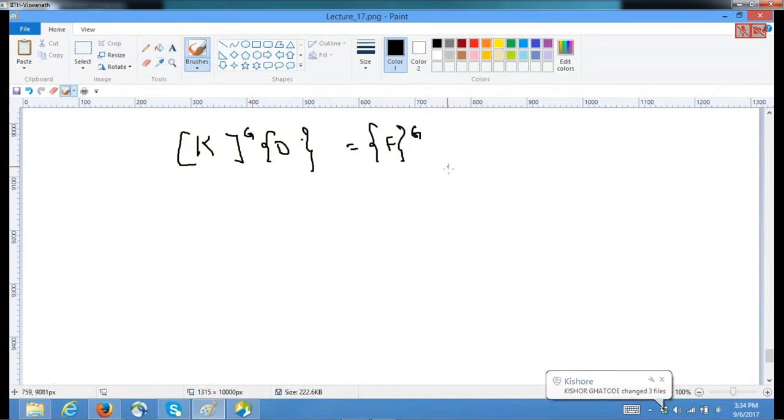But you need to see that since we haven't used any kinematic boundary condition, this kg is a singular matrix. This singular matrix is not invertible, so I cannot get dg completely as it is right now. So to do that, first I need to impose my kinematic boundary condition.